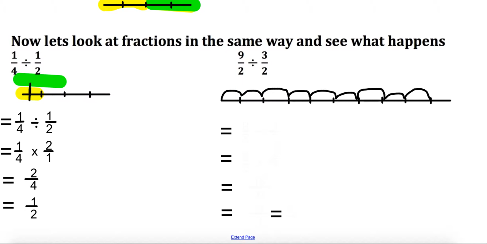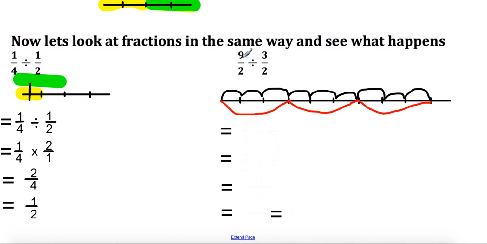Okay, now another way to look at this is I was jumping by 1s there to get my 9/2. If I jump by 3s, because this is dividing it by 3/2, so I'm still working in halves, but now I'm jumping by 3s. I've got 1, 2, 3.